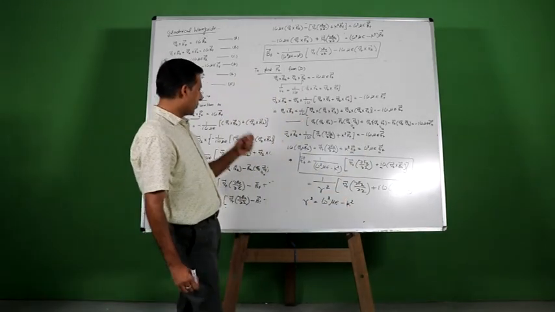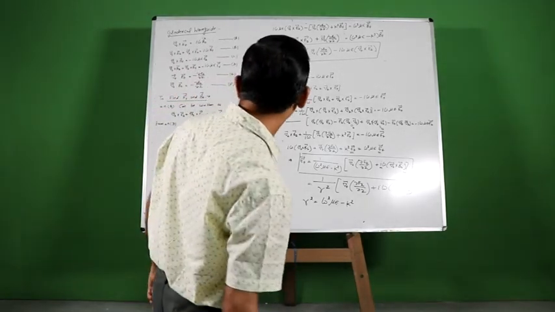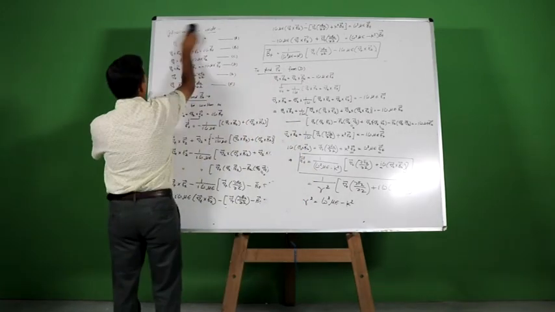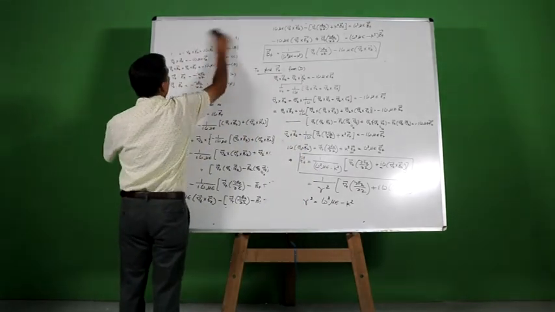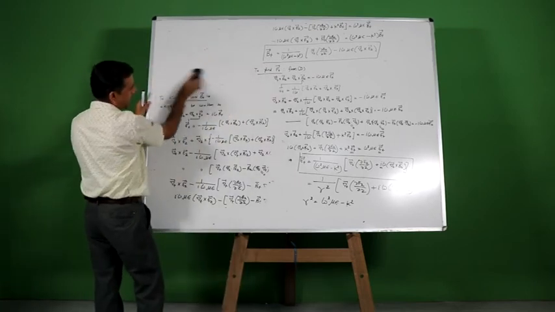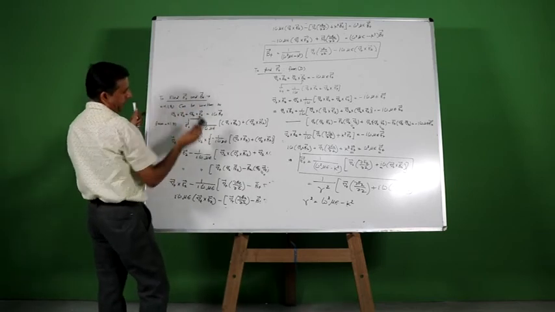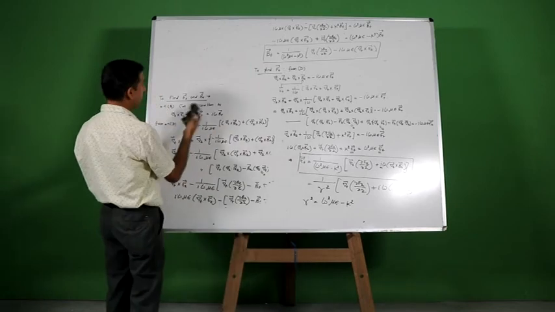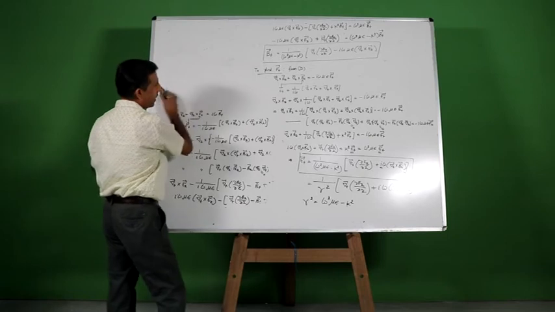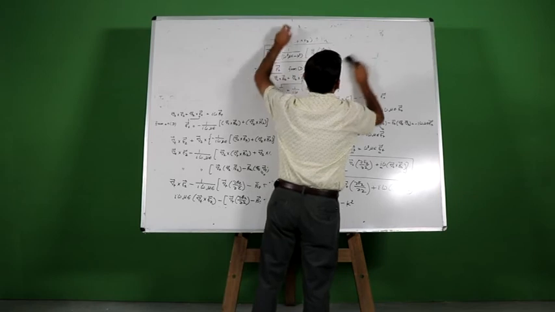So now we can start with how to find the differential equations for the axial components Ez and Bz.